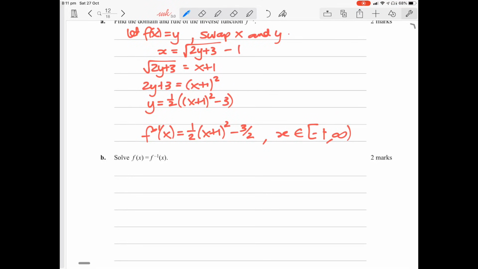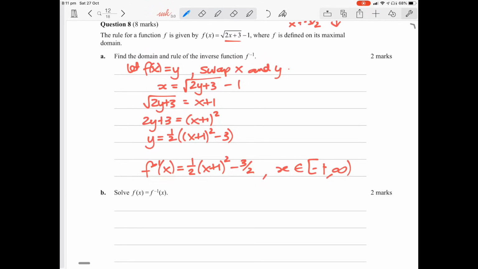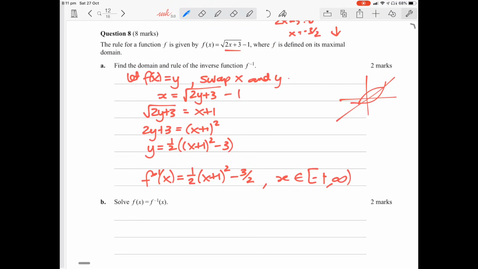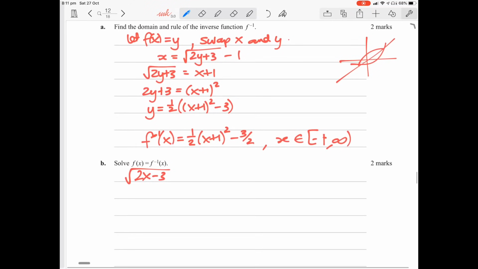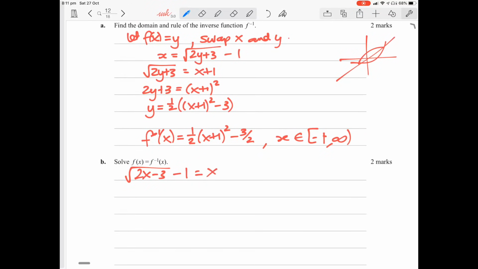Okay, solve f of x is equal to f inverse of x. If you think about it, we've got one graph like that, one graph like that. So they're only going to intersect on the line y equals x. Root 2x minus 3 minus 1 is equal to x. Root 2x minus 3 is equal to x plus 1.